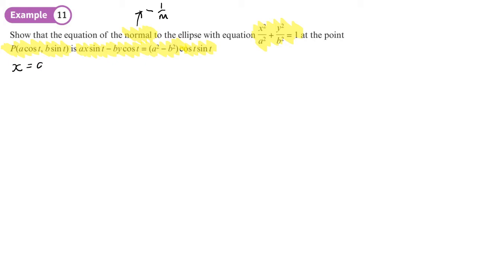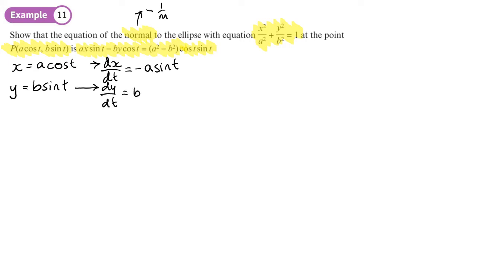So x equals a cos t, so dx dt is going to be minus a sine t, y is b sine t, so dy dt is going to be b cos t, so dy dx will be dy dt, so b cos t over minus a sine t.